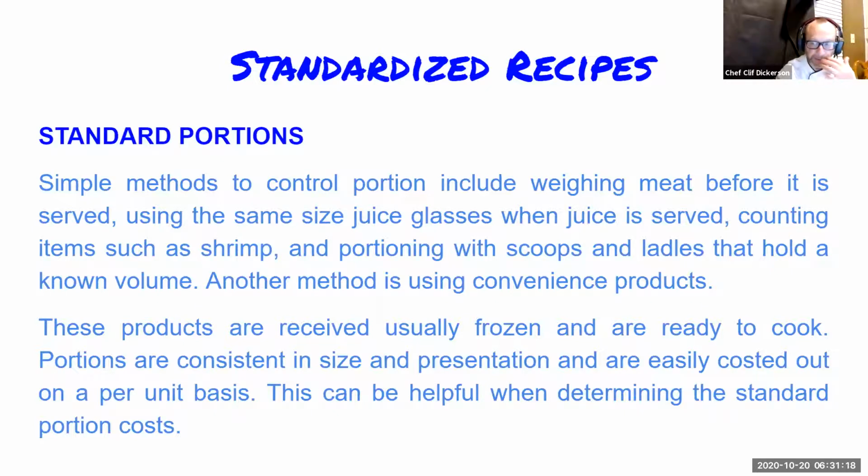That is very important because if you put it in the wrong bowl, if it's a big bowl and it looks like there's a small amount of soup in there, I would say your customers would feel kind of ripped off, thinking, oh, look, there's not much soup there.